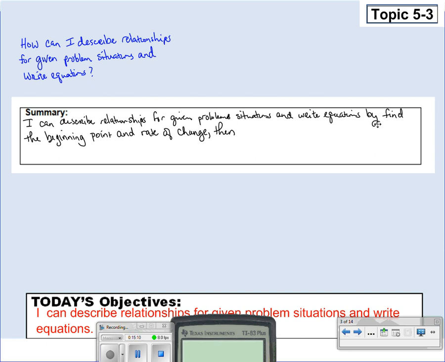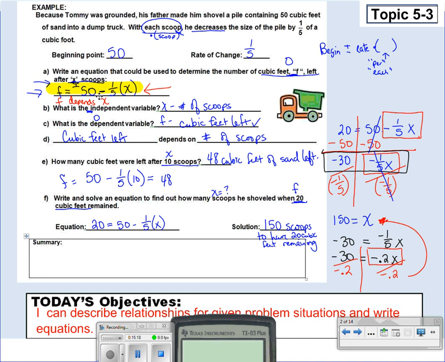Then, because just finding those two bits of information doesn't write the equation for me, the other thing we need to do is figure out what was our output and our input variables. Sometimes they gave the variables to us, and in other cases we're going to have to figure out what variables to use ourselves.